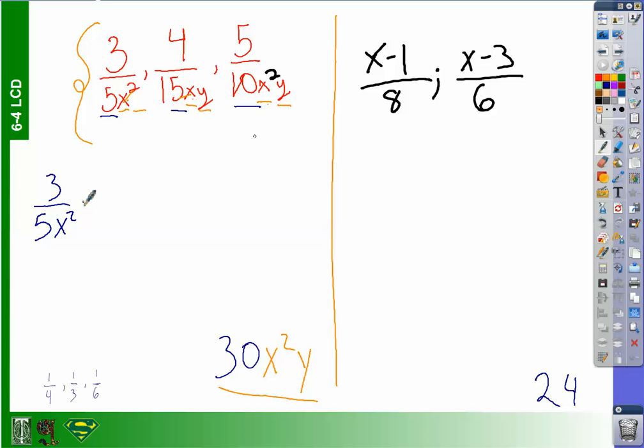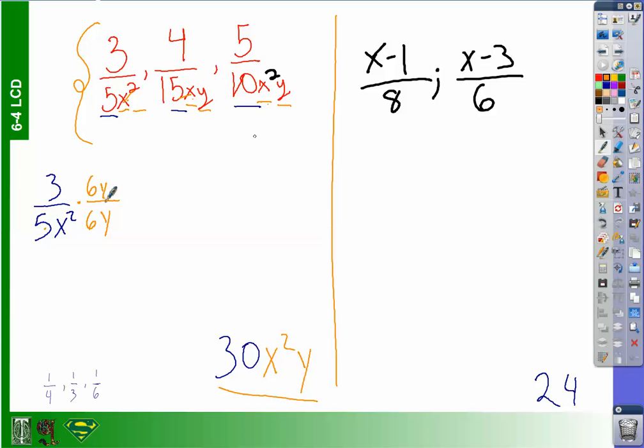So we're going to have to multiply this by 6 over 6, because you're multiplying by 1, and 6 over 6 is equal to 1. Do I need to multiply anything to x squared to get x squared? No. X squared is already x squared. Do I need to multiply 5x squared by anything to get a y? Yes. I need to multiply by y over y.